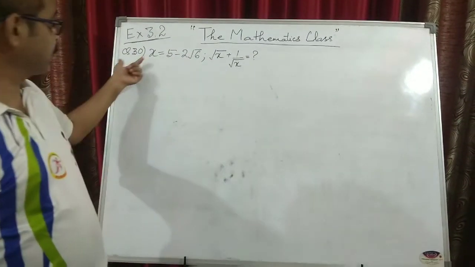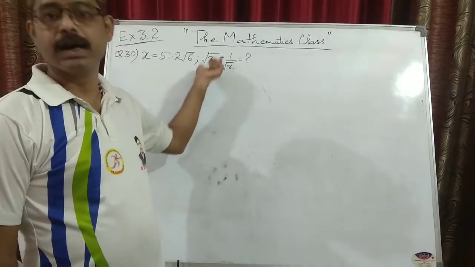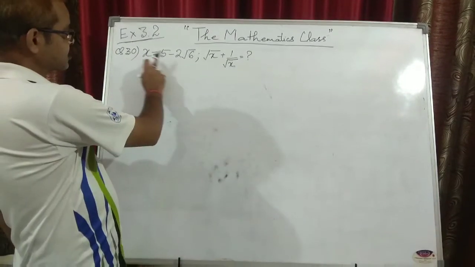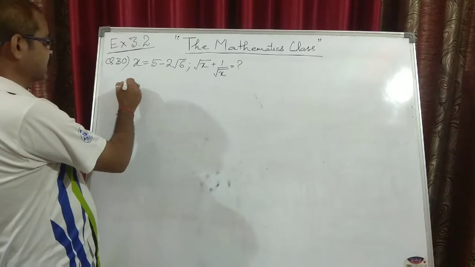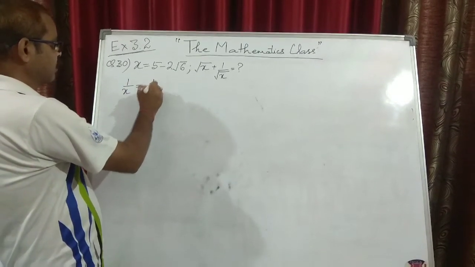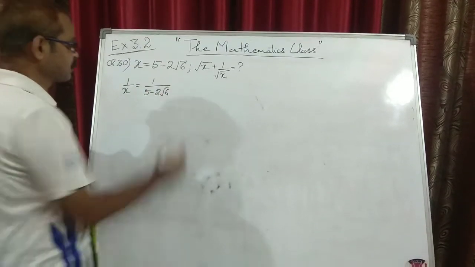Now in this it is given that x equal to 5 minus 2 root 6. You have to find the value of under root x plus 1 upon under root x. We know that x is equal to 5 minus 2 root 6. So we can say that 1 upon x can be written as 1 upon 5 minus 2 root 6.